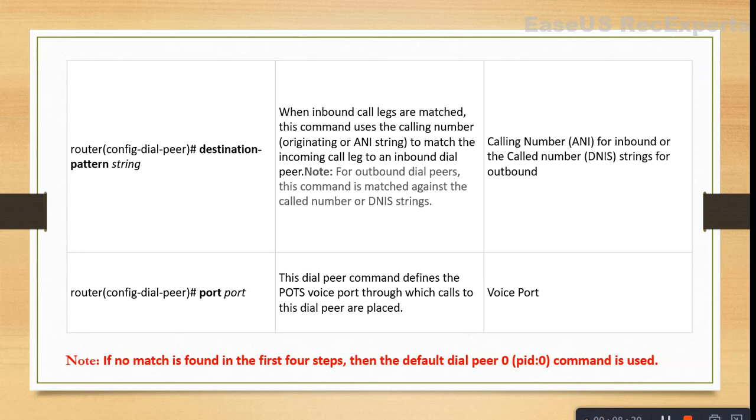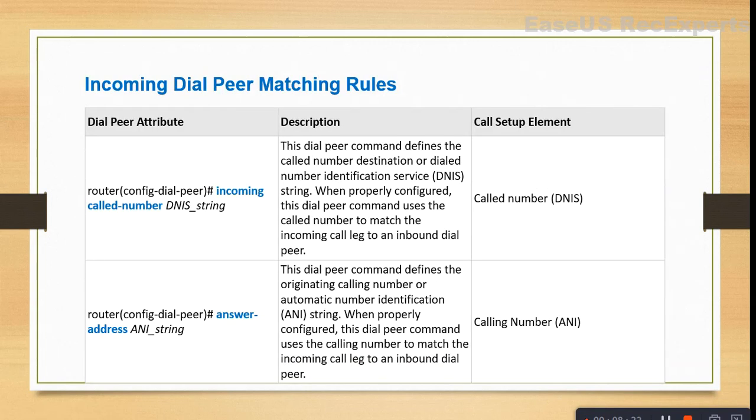Now, when I was talking about the first attribute, incoming call number, I said that this has the highest priority. So when I say highest priority, how it works is incoming call number command has the highest priority, answer address has the second priority, destination pattern has the third priority.